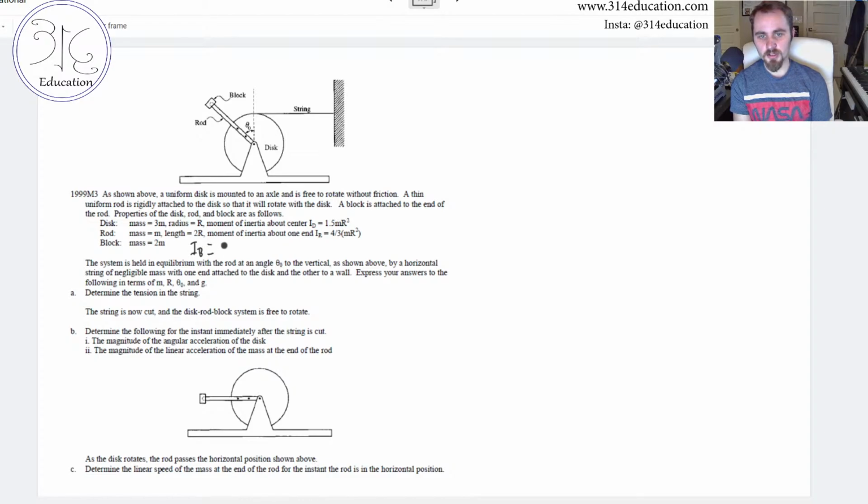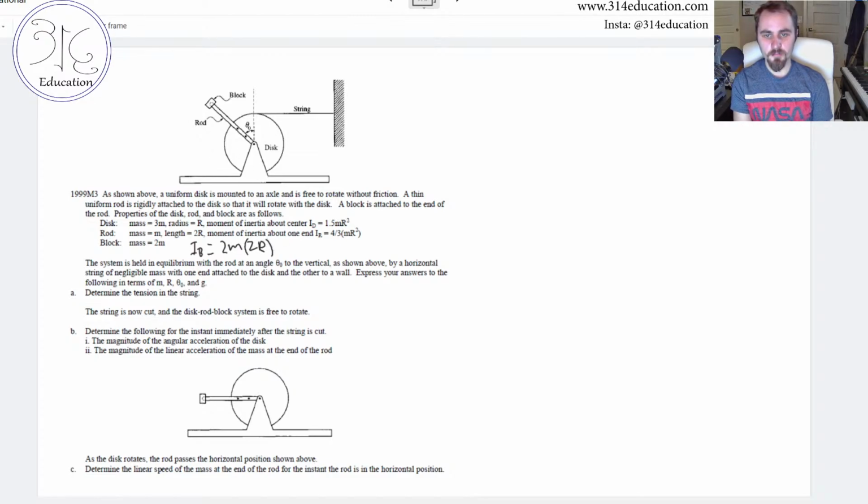IB is going to be 2mr squared. Is that a distance big R? No, let's be careful here then. So that's 2m times its radius of 2r, because the length of the rod is 2r.